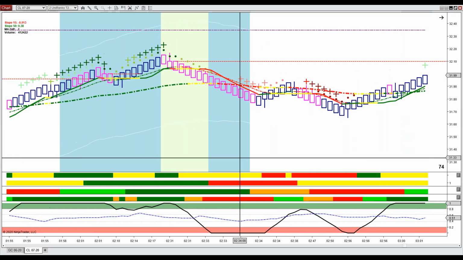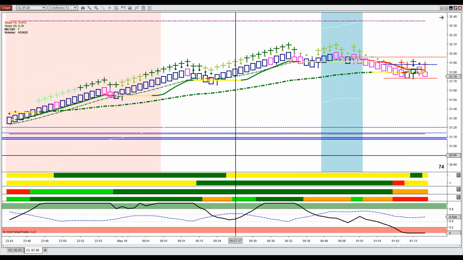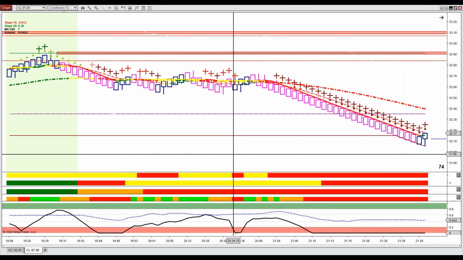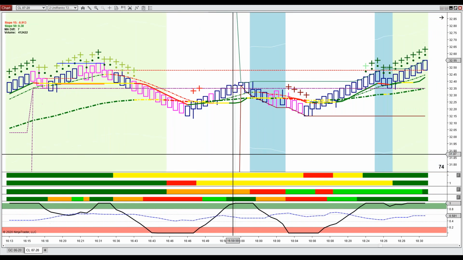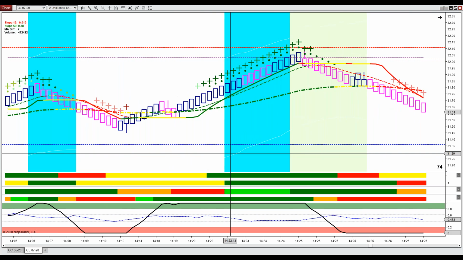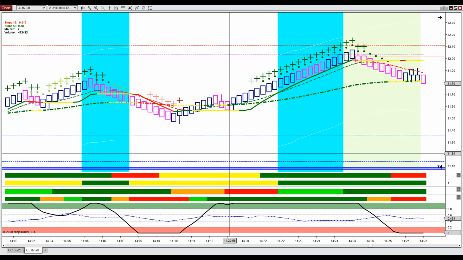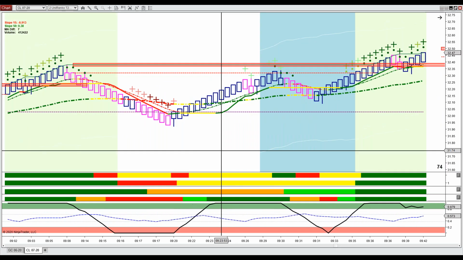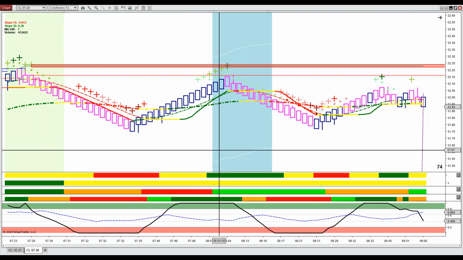Now we're going into the wee hours of the night. Some nice trades. The system just didn't click them in. But I can tell you it's avoiding a ton of losers.